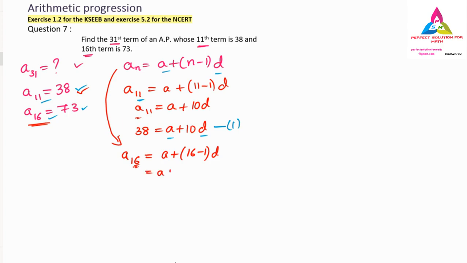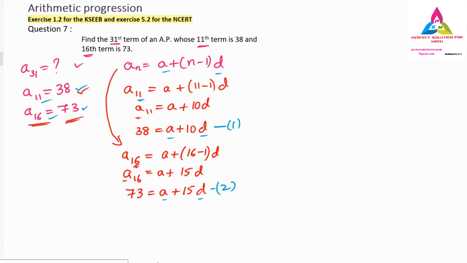So a plus 16 minus 1 is 15 into d. So directly we can write A16 is equal to a plus 15d. So we know that A16 value is 73. So we have to substitute that 73 over here. 73 is equals to a plus 15d. So this is our second equation, because here again we can see a and d are unknown. So we have to take this as second equation.